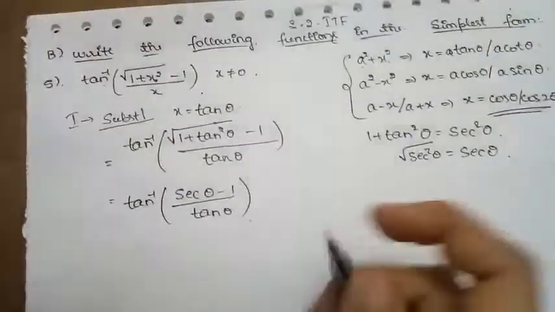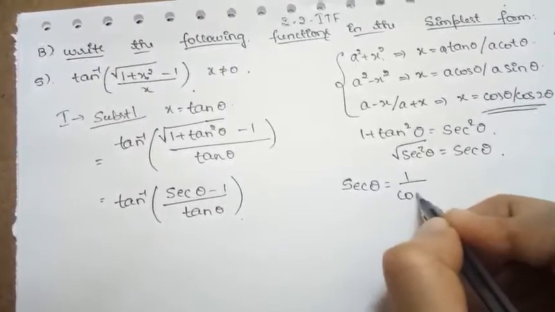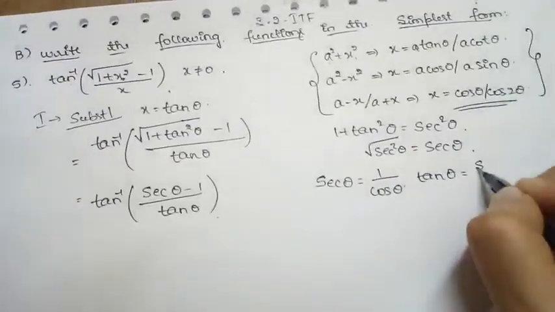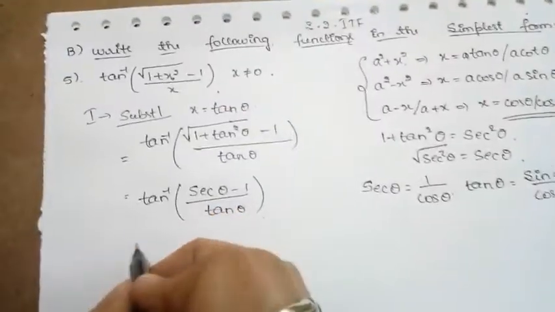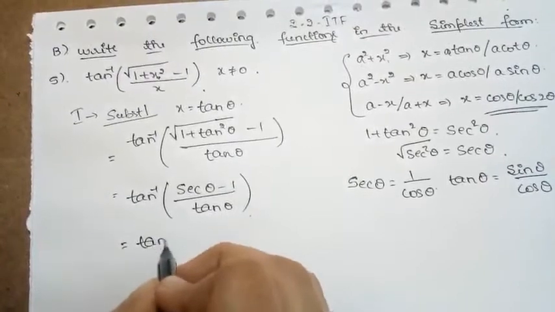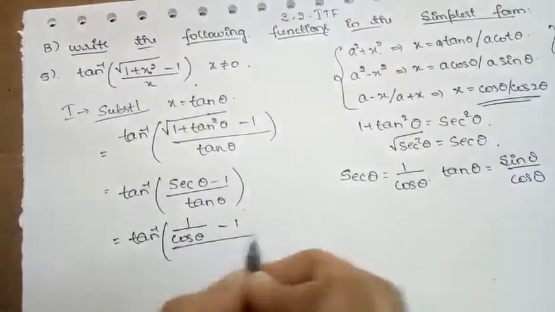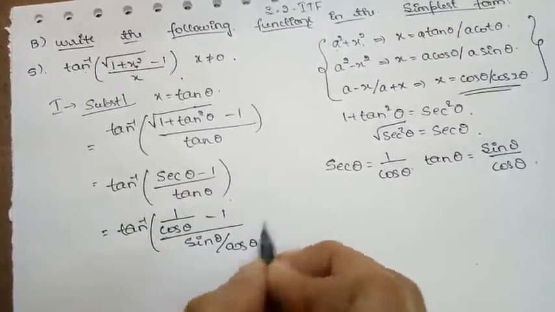How can we substitute now? We know that secant theta is equal to 1 by cos theta, and tan theta is sin theta by cos theta. So we get tan inverse of (1 by cos theta minus 1) divided by (sin theta by cos theta).